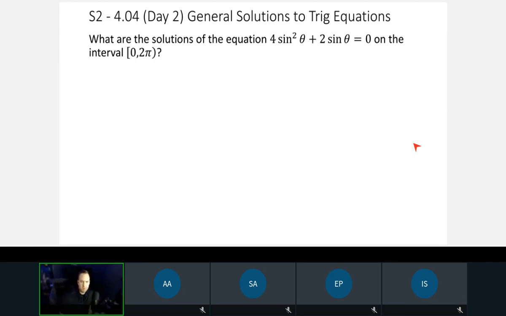All right. If this was not a trig function, and I said solve for x, so this is just a regular equation. We're solving for theta, solving for x. Factor it. Yeah, there you go, George. So George is right. We want to solve by factoring.